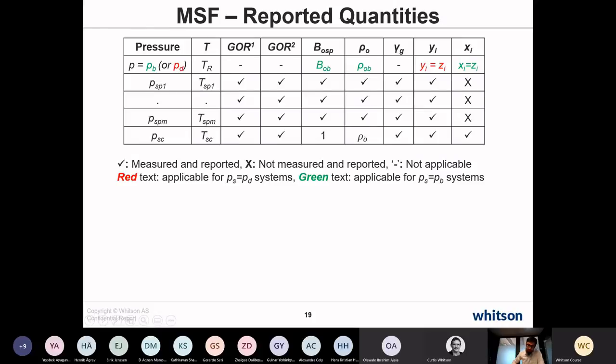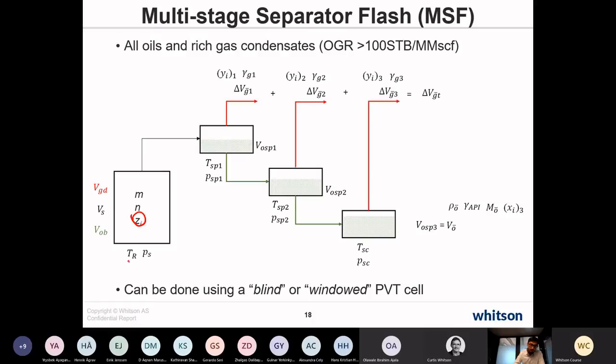We usually start from the saturation pressure, and we should know the volume at the saturation pressure, which could either be the gas volume at the dew point if it's a gas condensate, or the oil volume at the bubble point if it's an oil sample. And we just take that sample and then flash it to some pressure and temperature.